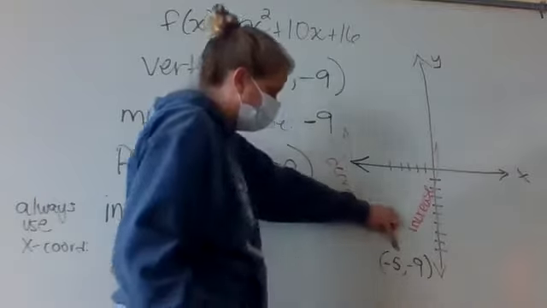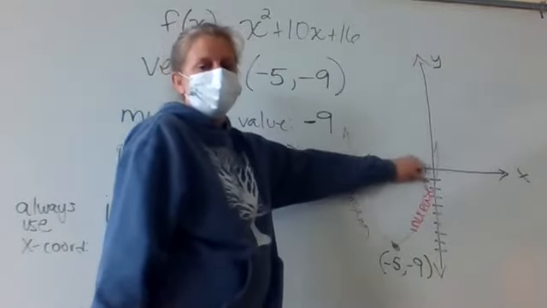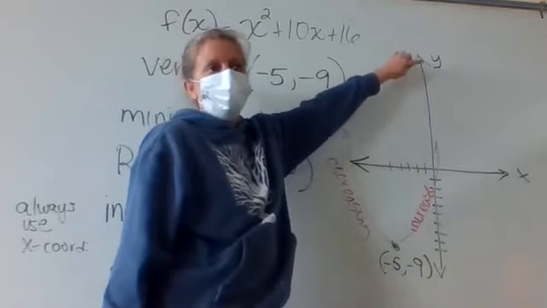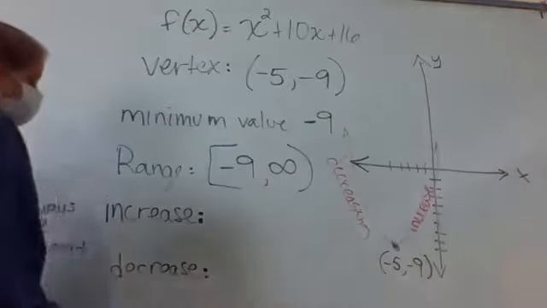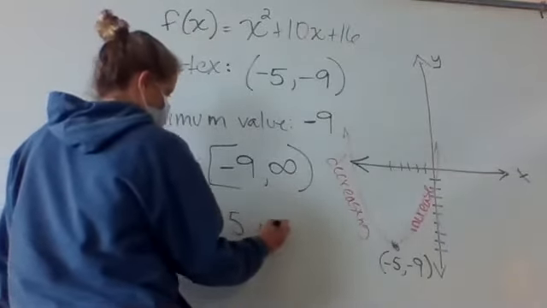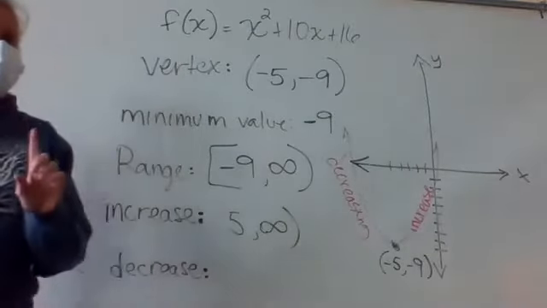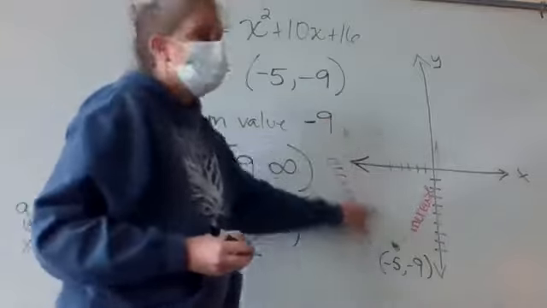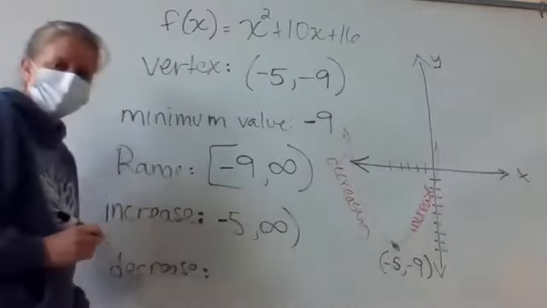It starts increasing at -5, and then it increases to where? How long does it go up? Forever, right? So this right here, I want to say from -5 to infinity is where it is increasing. Infinities always have parentheses.